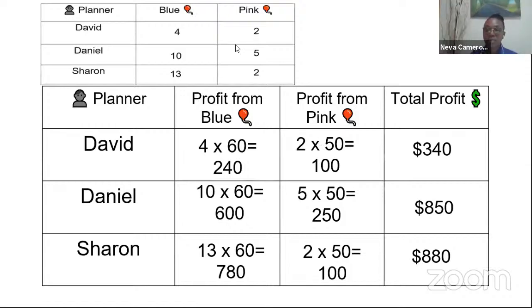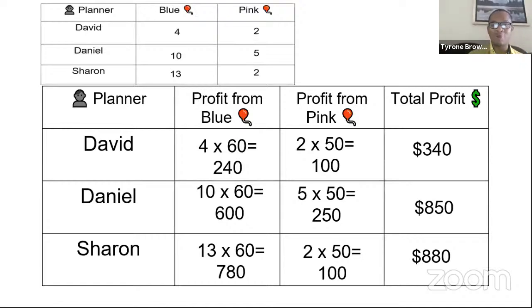All right, so we're seeing blue balloons are more expensive than the pink balloons. So the more blue balloons, the more profit. Yes, awesome.